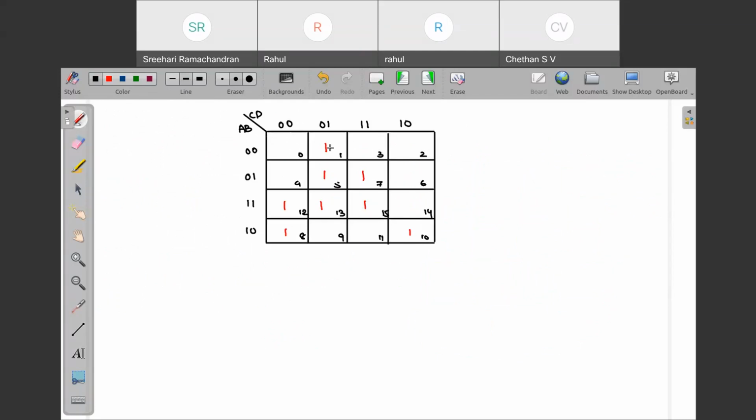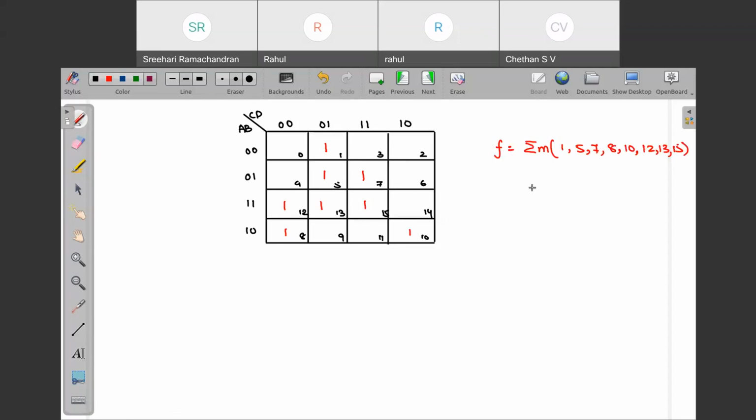See, basically this K map is a function of min terms having min term numbers 1, 5, 7, 8, 10, 12, 13 and 15. So this is your function.